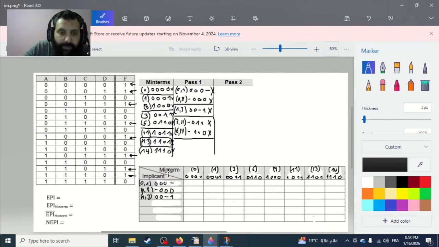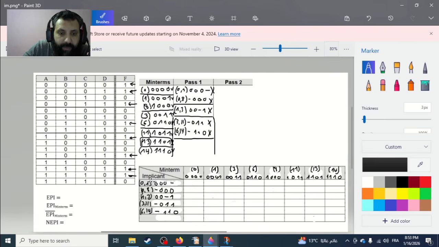We have 3, 11, which is dash 0 1 1. We have 6, 14, which is dash 1 1 0.